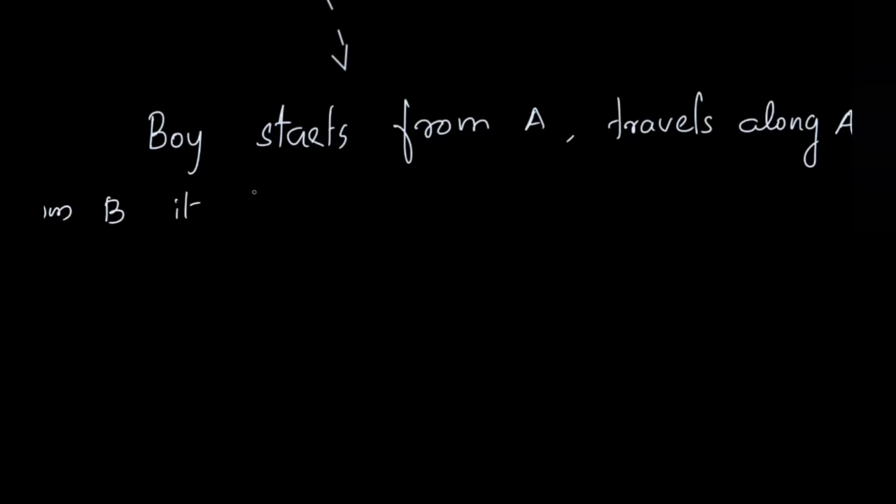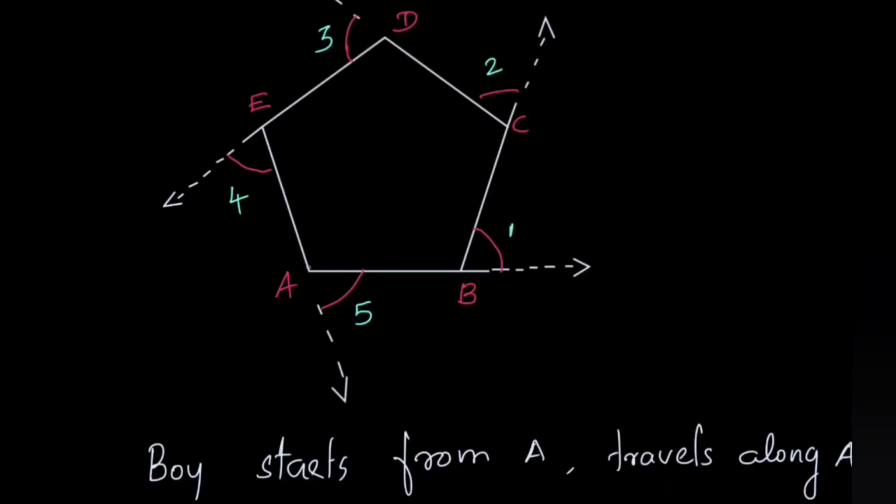From B it takes a turn of angle 1, which is taking place here. That is, the boy starts from A and travels a distance of AB. From B it takes a turn of angle 1 and then travels along BC, and from C again it takes a turn of angle 2 and travels along CD.